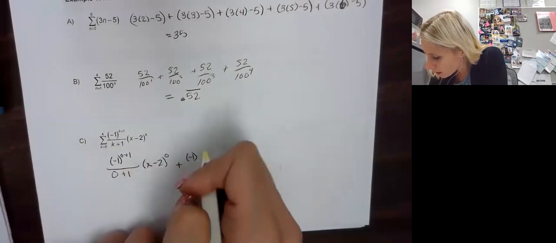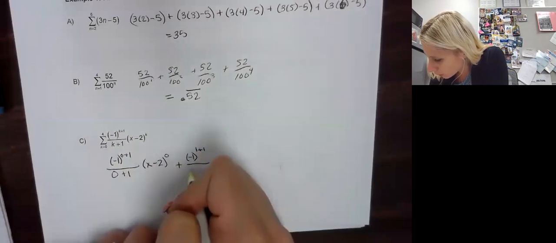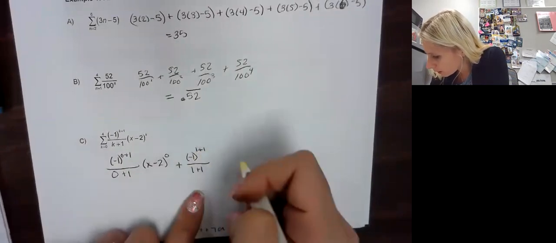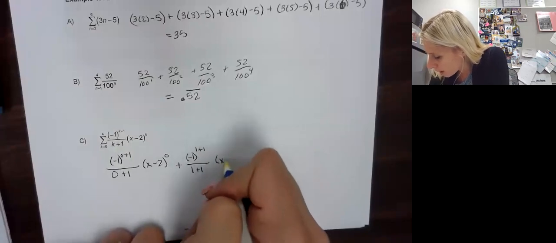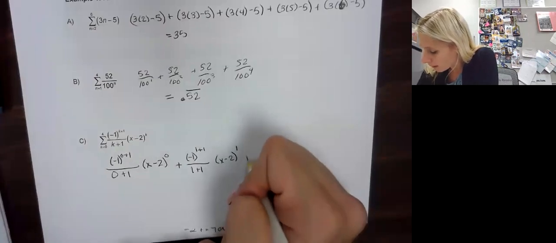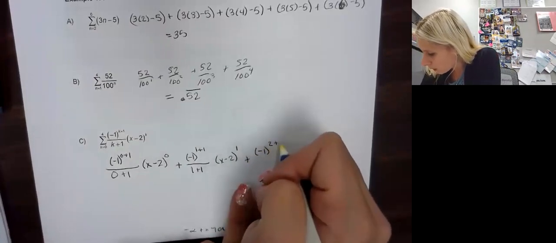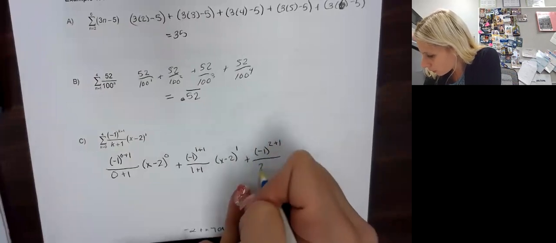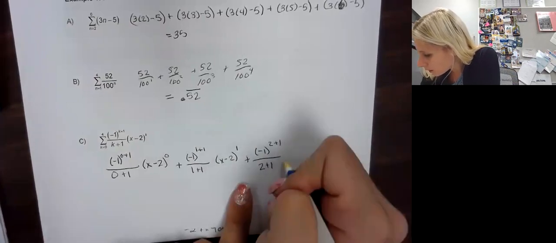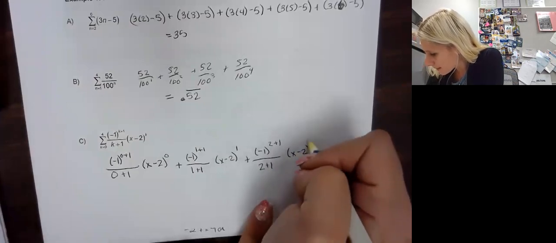Negative 1 to the 1 plus 1, all over 1 plus 1, times X minus 2 to the first. Now I've got to plug in 2, so negative 1 to the 2 plus 1, all over 2 plus 1, times X minus 2 to the second.